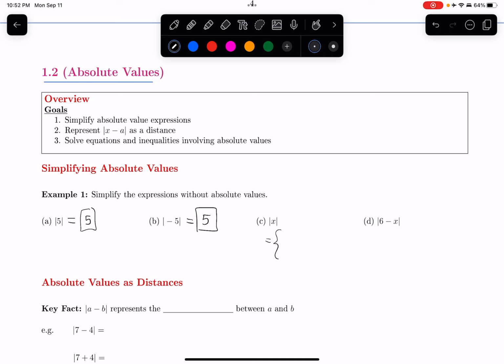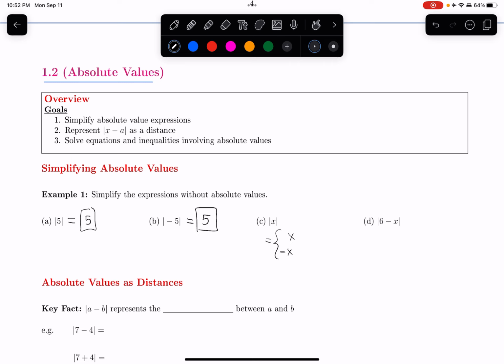Because sometimes, if the thing that's inside is already non-negative, it just stays as it is. It just stays as x. But if the thing that was inside was negative, we'd have to switch the sign, like we did with the negative 5 to make it a positive 5. To switch the sign, the way I represent that is you write the x, but you put a negative in front of it, because that's going to switch the sign.